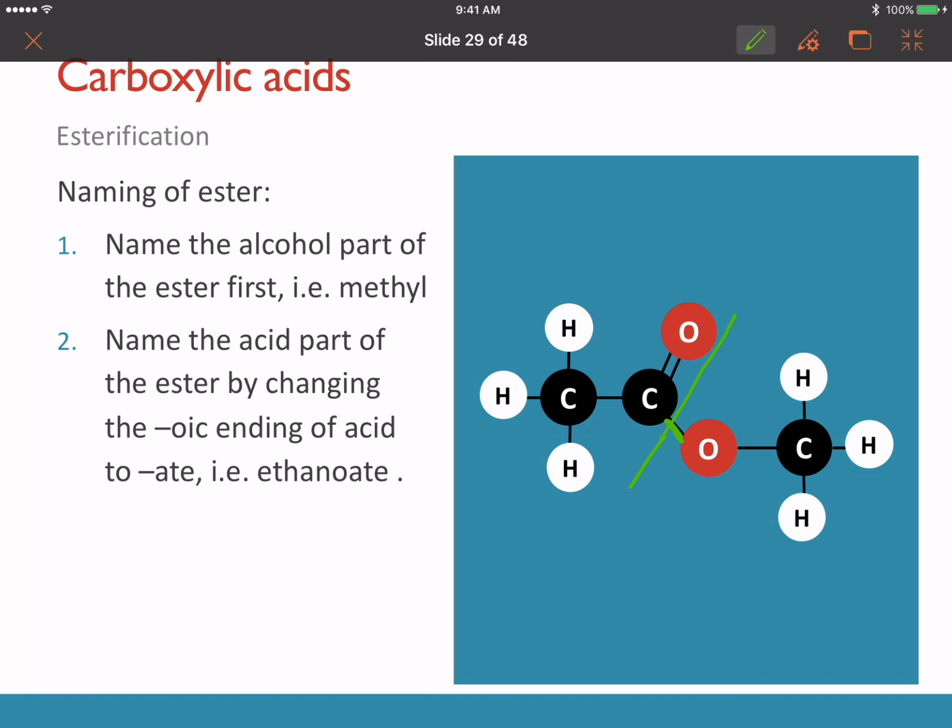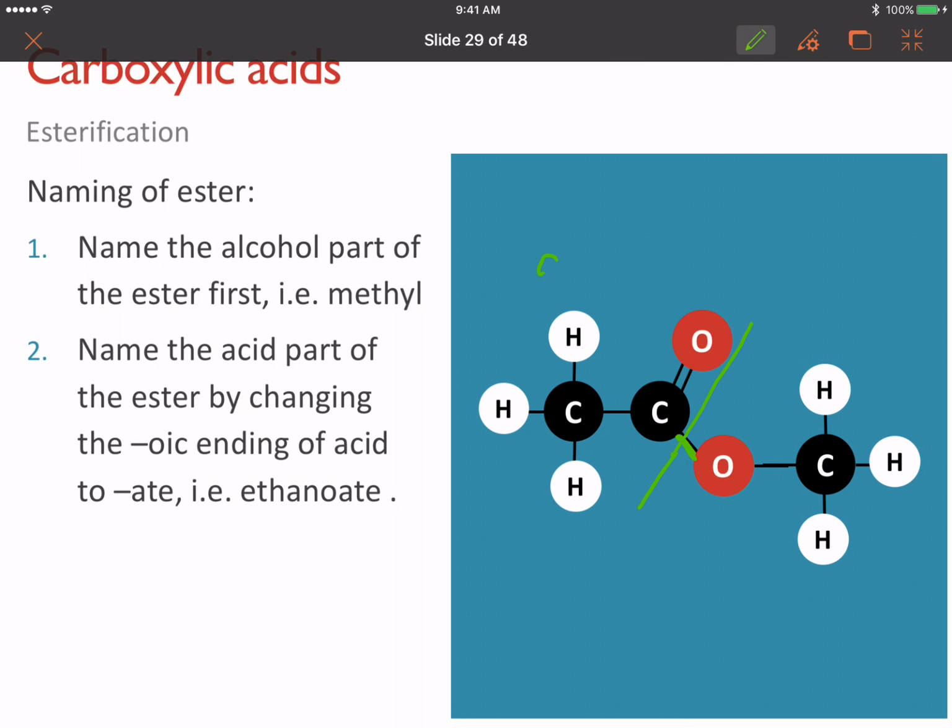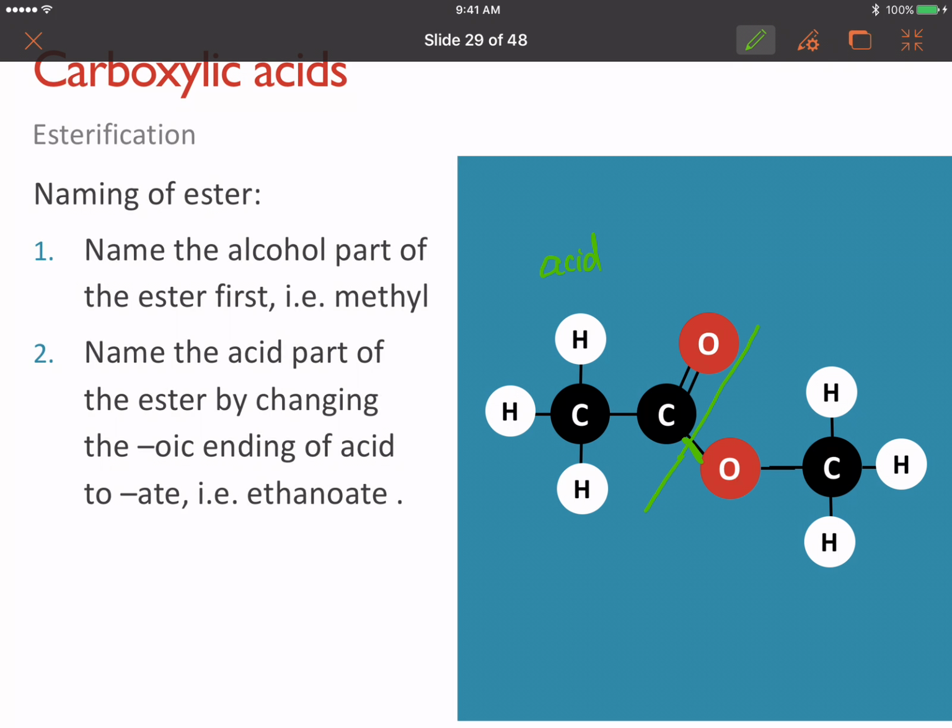So here will be my acid group, here will be my alcohol. The first part of the ester name comes from the alcohol. From this part, how many carbons do I have? I have 1 carbon. So the first part of the name is methyl.